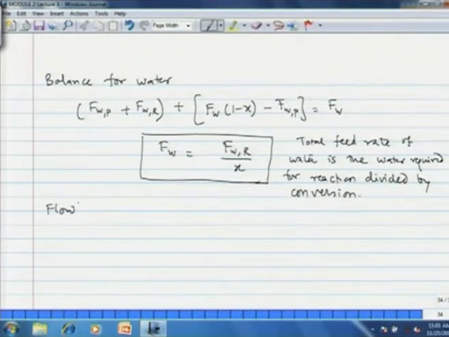We have to complete the material balance to calculate flow of other components of the process.